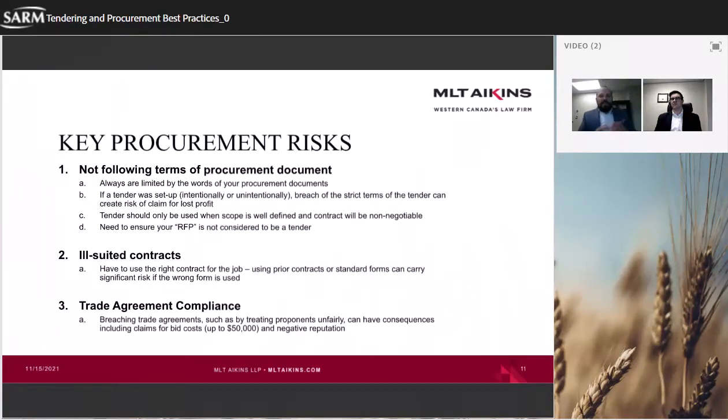So the first thing, which is fairly obvious, is not following the terms of the procurement document.